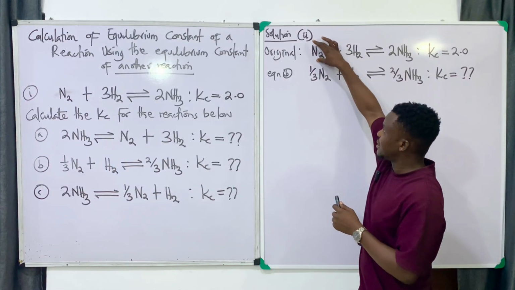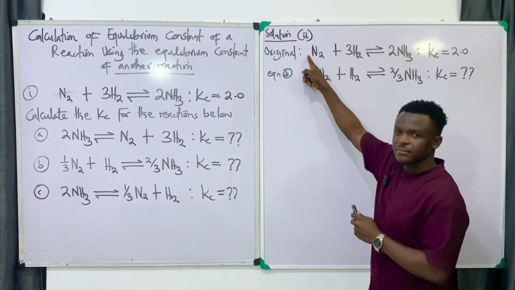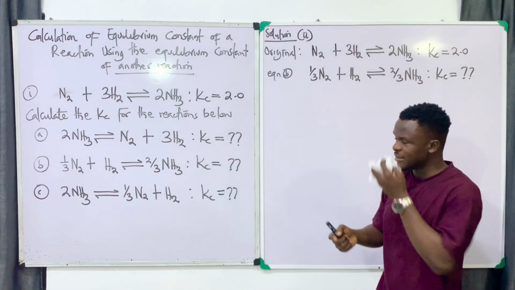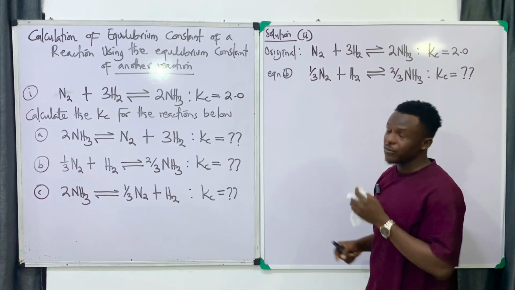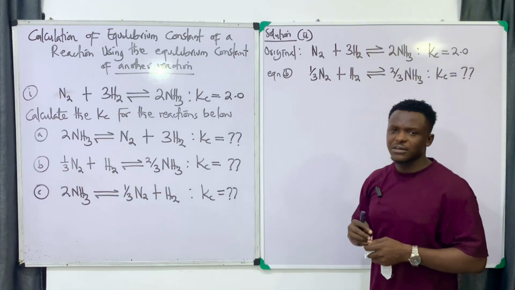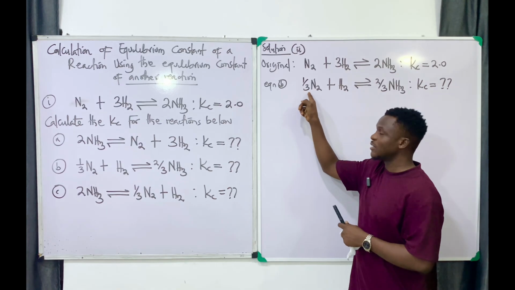Let's start with just one substance. I will start with the reactant, N2. In the overall equation, nitrogen is 1, whereas in this equation B that I'm asked to find its equilibrium constant, nitrogen has a stoichiometric coefficient of 1 over 3. So you ask yourself, what can I multiply with 1 so that I can get 1 over 3?